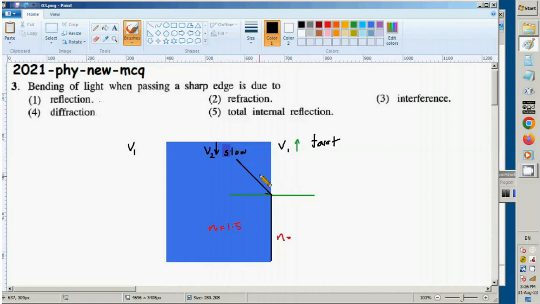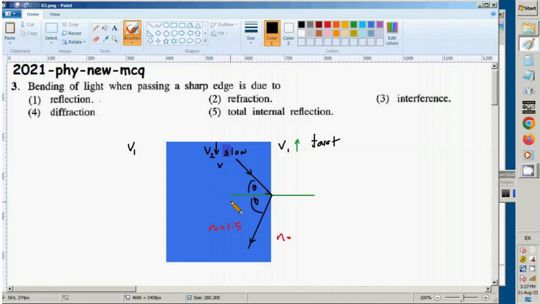So if we increase it even a little bit more, what happens, it reflects into the same medium like this, according to the rules of reflection. So this angle equals this angle. This phenomenon is called total internal reflection.